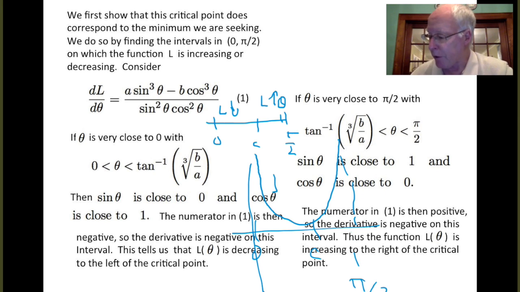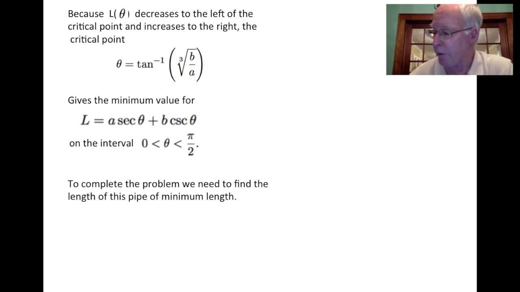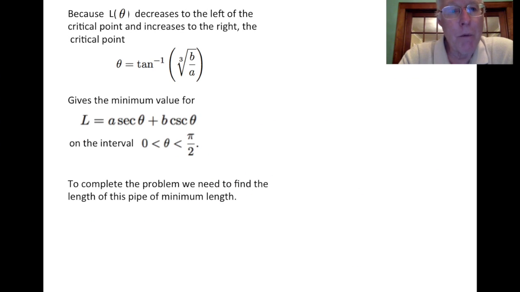And again, the function is decreasing to the left of the critical point and increasing to the right. So that's enough to tell us that this critical point really does correspond to the minimum of this function on the interval. It's a low point, and it has to be the low point because of the geometry of the function. So we know this critical point corresponds to a minimum value for the expression L on this interval of concern from 0 to pi over 2.